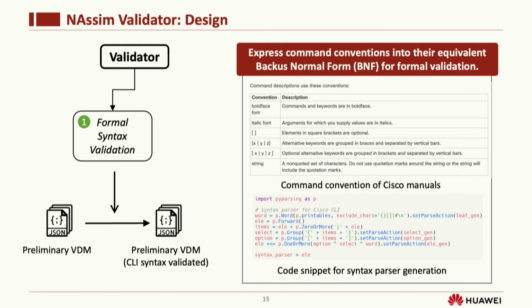In this part, we find the command conventions in the menu preambles and express them in their equivalent Backus-Naur form. Thus, we can generate a CLI command syntax parser and leverage it to identify syntactic errors. And in this way, the expert can audit all incorrect ones in a more targeted and efficient manner.